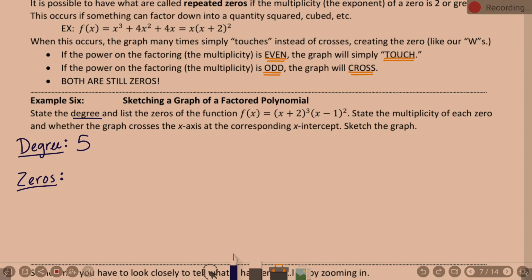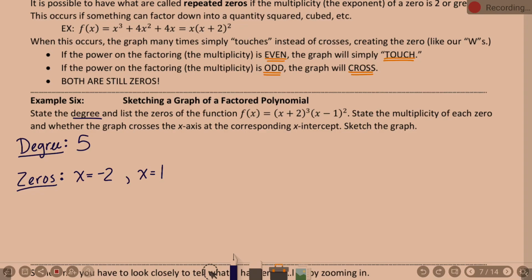If you take x + 2 and set it equal to 0, you're going to get x = -2. If you take x - 1 and set it equal to 0, you're going to get x = 1. So I'm going to write this as x = -2 and x = 1. Are we okay with where those came from? Should be pretty basic, but I also didn't teach yesterday, so I'm kind of thrown off as to where our brains are at. Does that make sense?